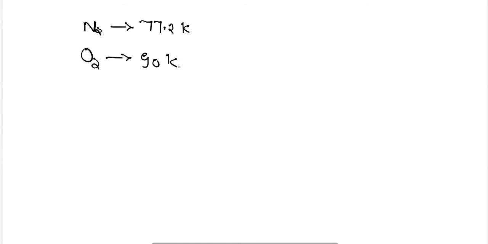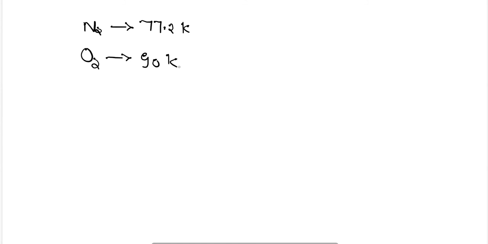When the liquid air is allowed to boil, dinitrogen with the lower boiling point gets distilled first, leaving behind dioxygen, and hence the dinitrogen obtained from air contains traces of oxygen and some other gases as impurities.